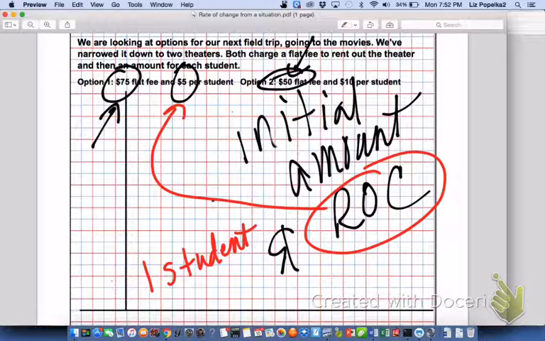So the rate of change for situation number 1 is $5 per student. For option number 2, the rate of change is $10 per student. In other words, how much does the total cost change every time you add a kid?